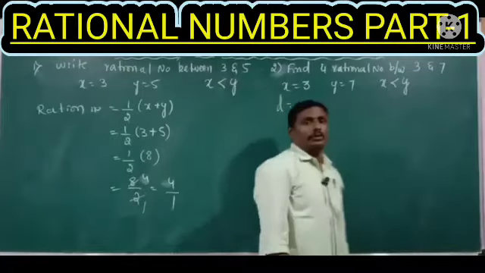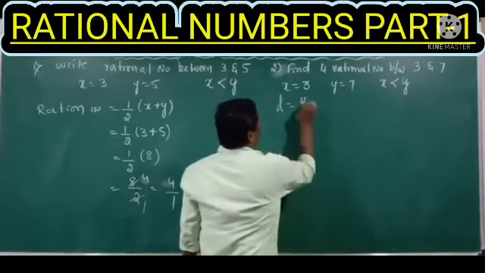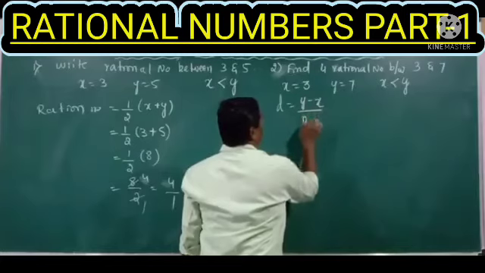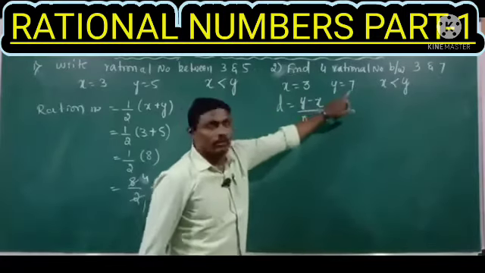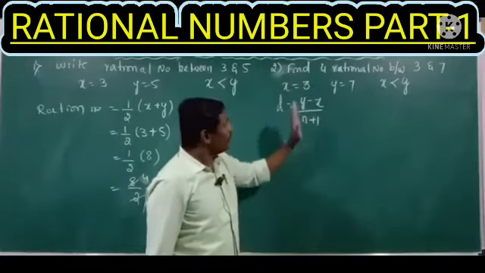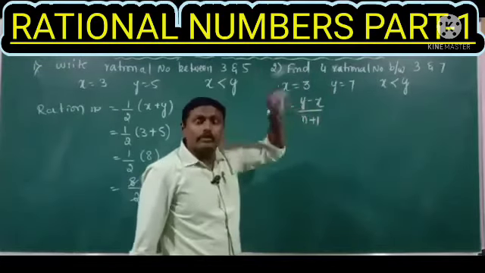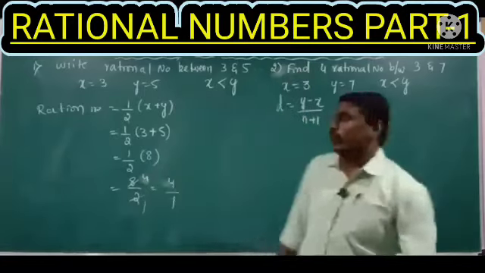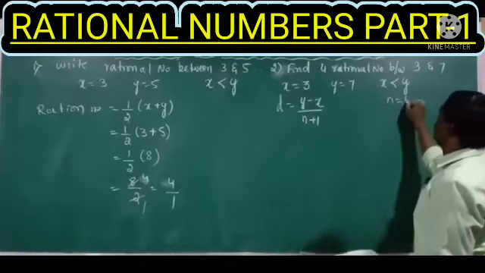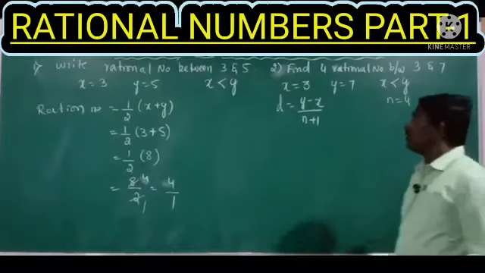The formula is d equals y minus x divided by n plus 1. Here y is 7, x is 3, and n is how many numbers you are going to calculate. You are calculating 4 values, so n is equal to 4.